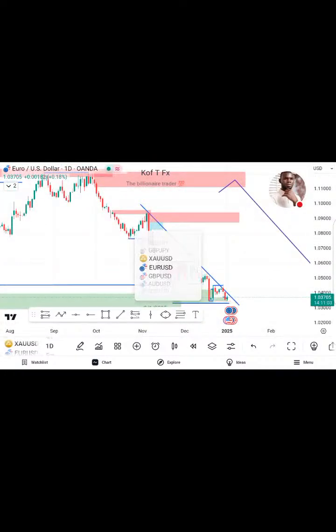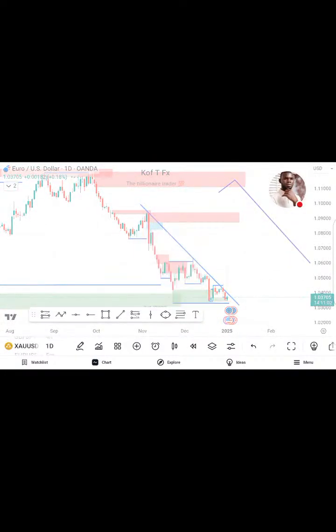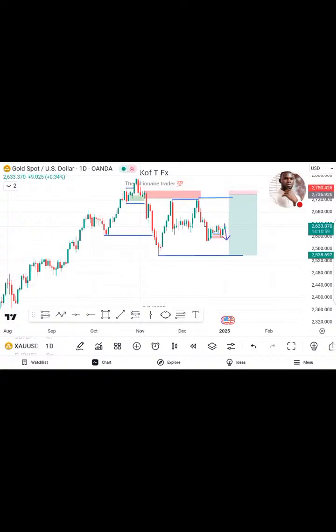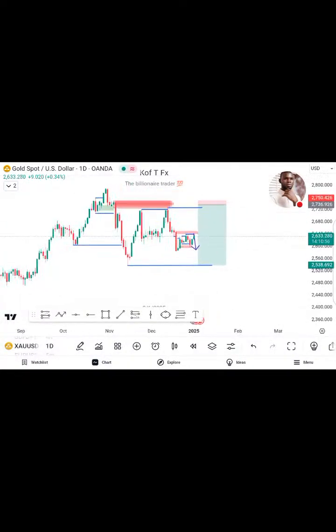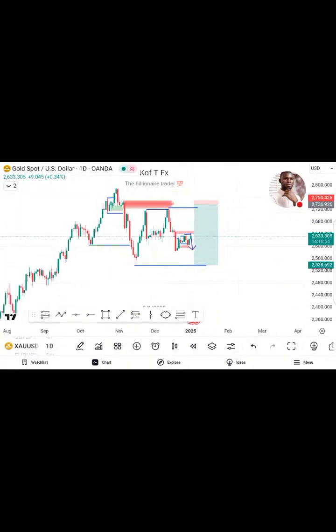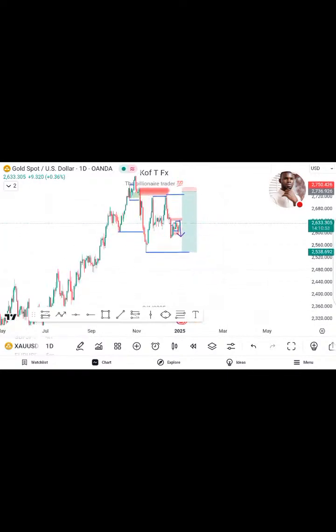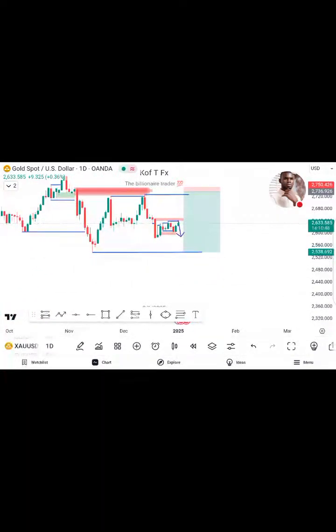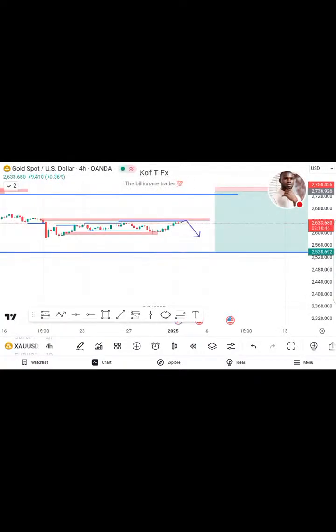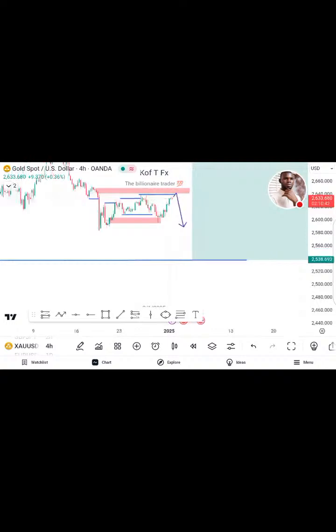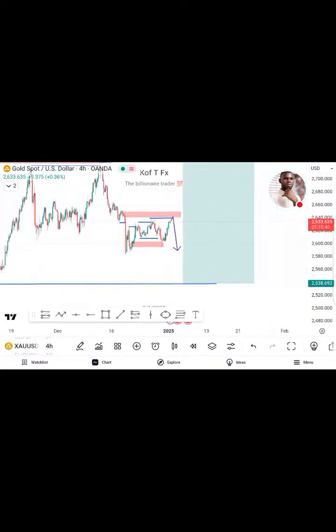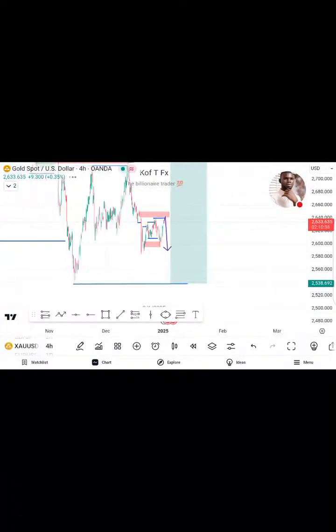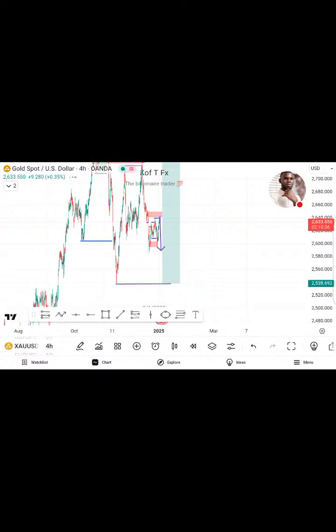So good. Just like, what do we have on gold? I'm still expecting a bearish move on gold. Yeah, but presently, as far as getting to that zone, just like I said, we can have two reactions here.